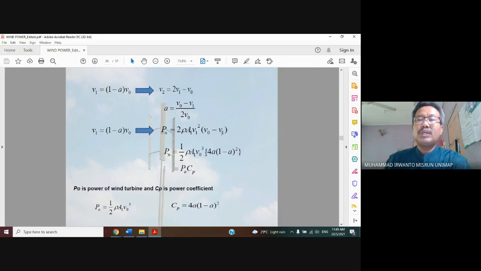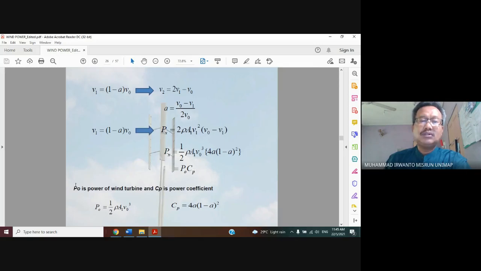Look at this formulation, that we have two parts. The first part is 1 over 2 rho A1 V0 power 3, it is given the symbol P0. And for 4A multiplied by (1 minus A) power 2, it is Cp. Cp is the power coefficient.